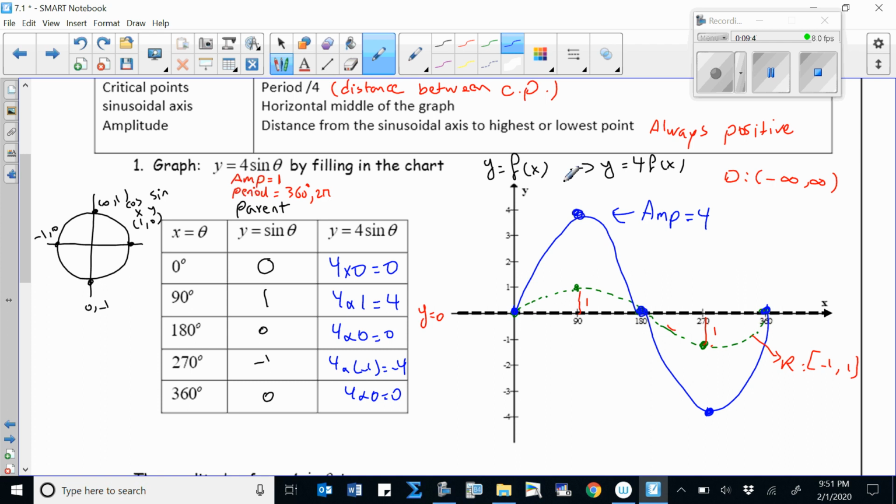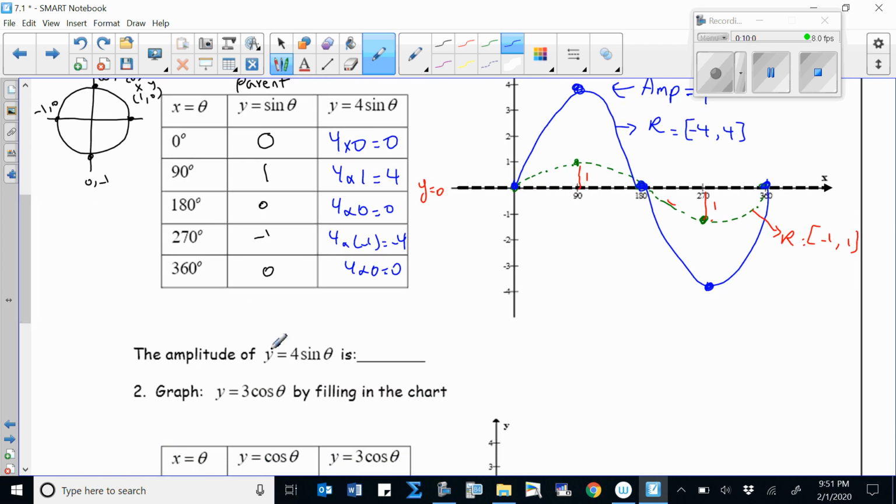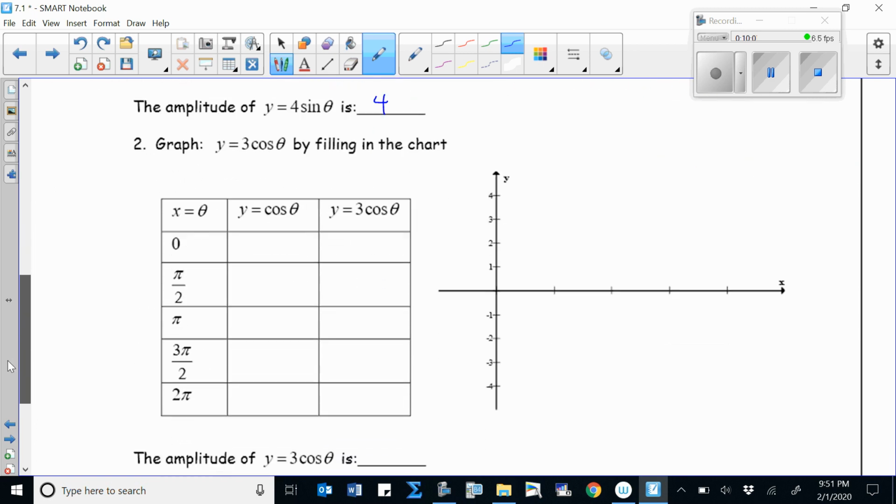But for this new function, the range is from negative 4 to 4. So the range will change as the amplitude of the function changes. So the amplitude of y equal to 4 sine of theta is equal to 4. Now let's graph this one.